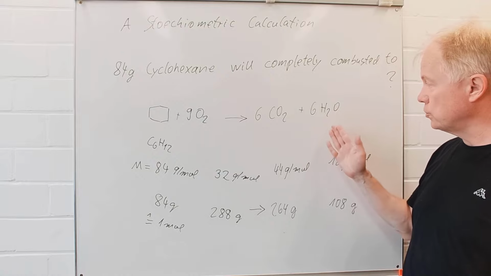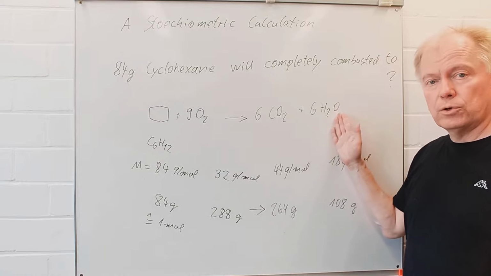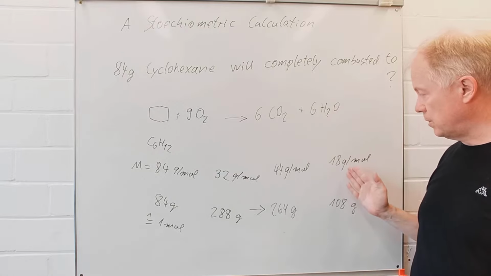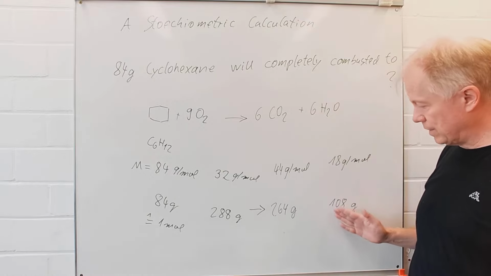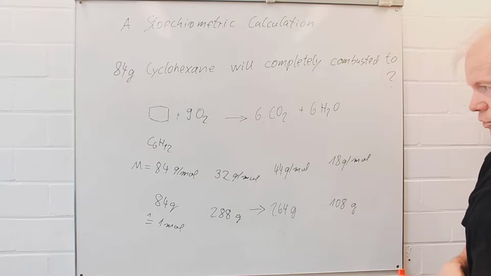And here, water: 1 mole of water has a molecular mass of 18 grams per mole. 6 moles then makes 108 grams.